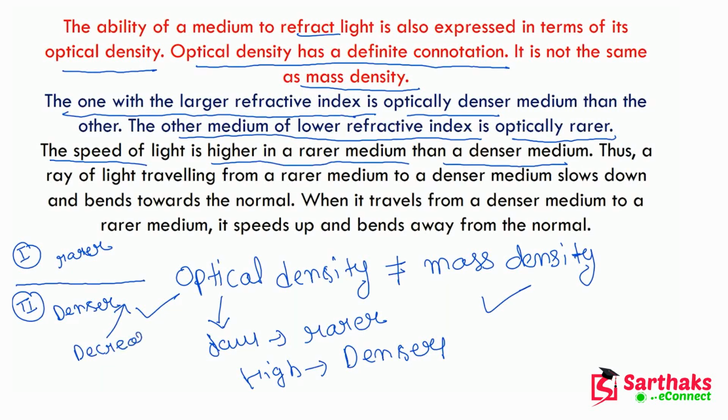Decrease in the denser medium. But when it travels in the rarer medium, here the speed is increased. Why? Because the particles are away from each other. You can take an example of a crowded area. If you are running in a crowded area, it is very difficult to run.